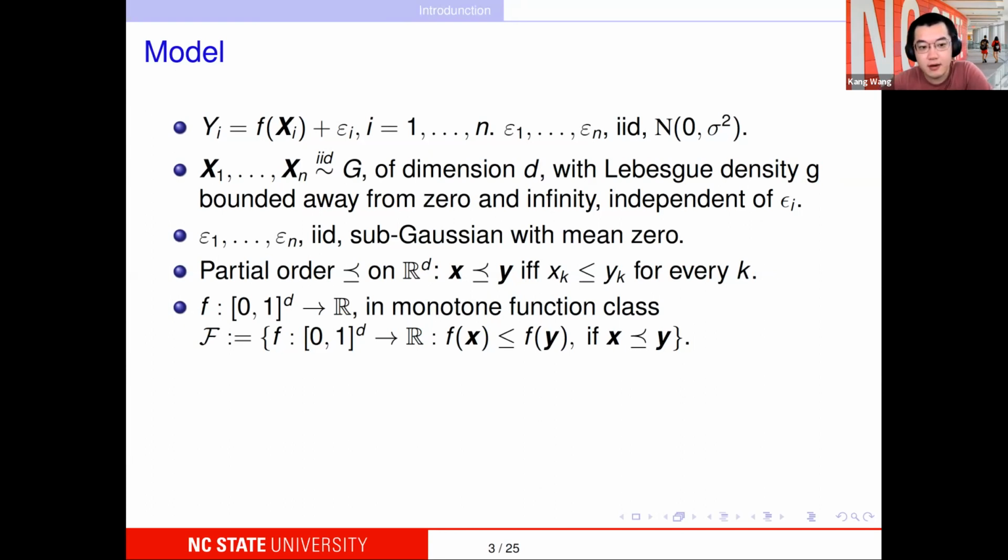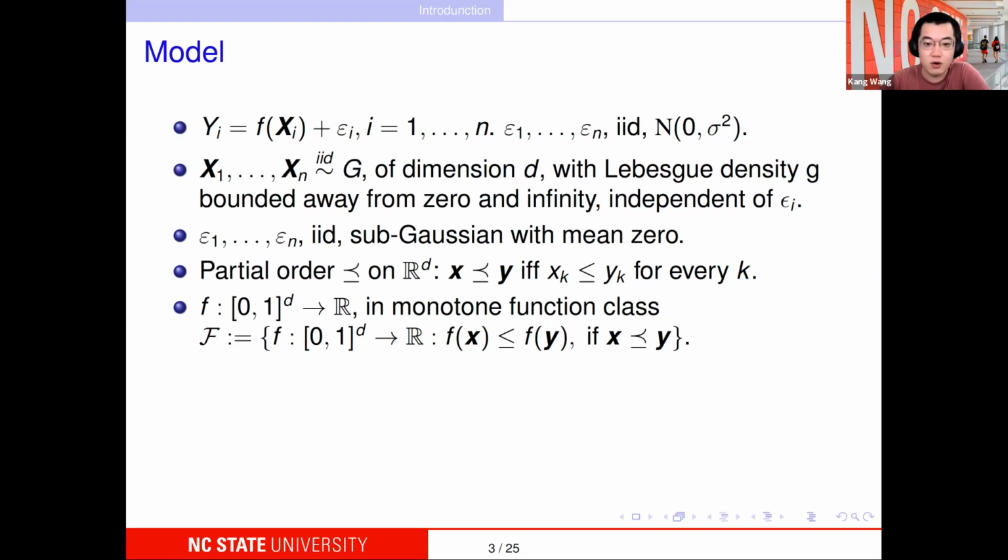Before we define the monotone function class, we need a partial ordering on R^d. The partial ordering we consider here is an extension from the univariate case.